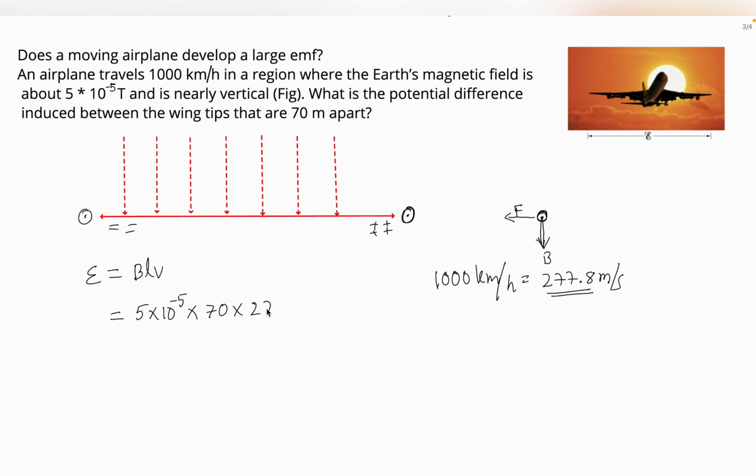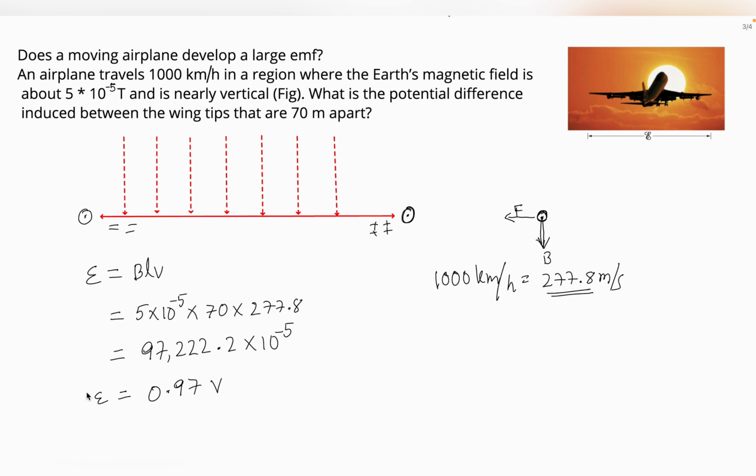So 277.8, and upon simplifying this we get 97,222.2 times 10 power minus 5, which is equal to 0.97 volts.